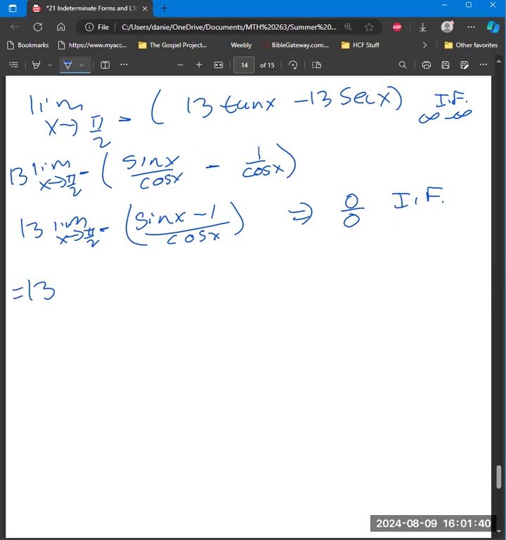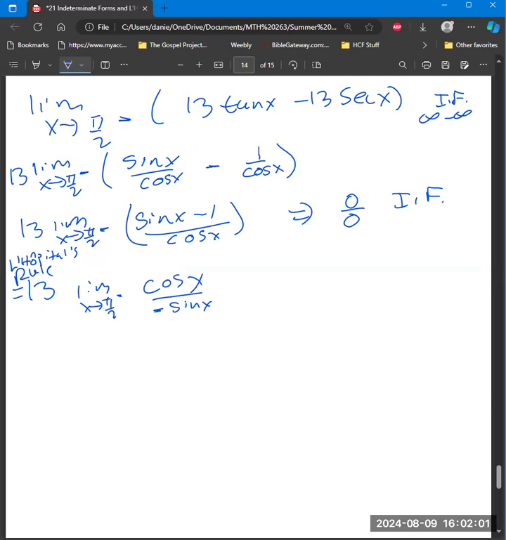13 times, by L'Hopital's rule, the limit as x goes to pi over 2 from the left of cosine of x over negative sine of x.